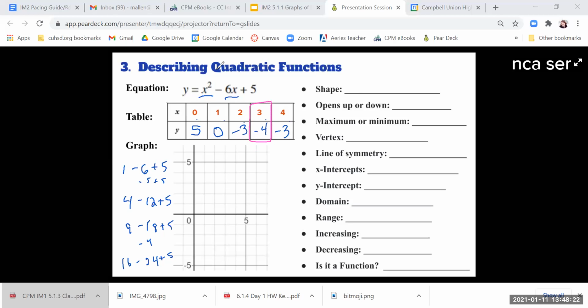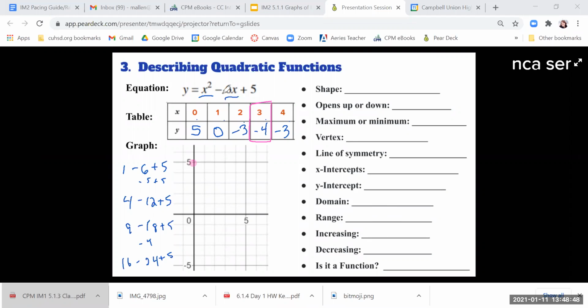So I'm going to go ahead and plot my points. Okay, so 0, 5. Oh, I was trying to make my pen bigger so that I could make a nice big dot. Okay, 0, 5. 1, 0. Yeah, that's sloppy. All right, let me do this with the highlighter.